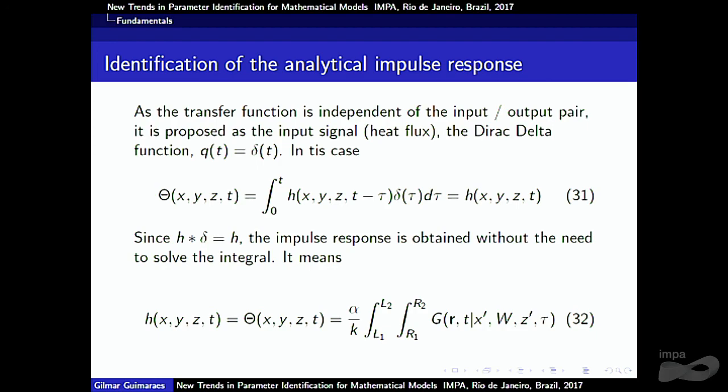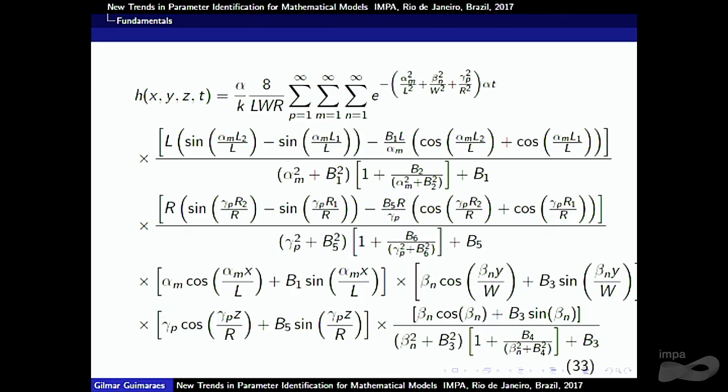So the transfer function, in fact, is the Green's function multiplied by the ratio of the thermal diffusivity and thermal conductivity. And we can obtain the transfer function without performing any integral, okay? Just using the Green's function.